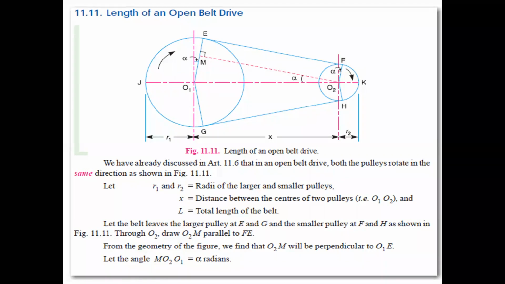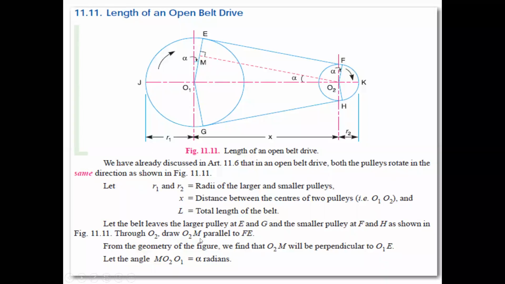Now, to find the total length of the belt, let the belt leave the larger pulley at E and G, and the smaller pulley at F and H, as shown in the figure. Already we said what the contact and leaving points are for the larger and smaller pulleys.